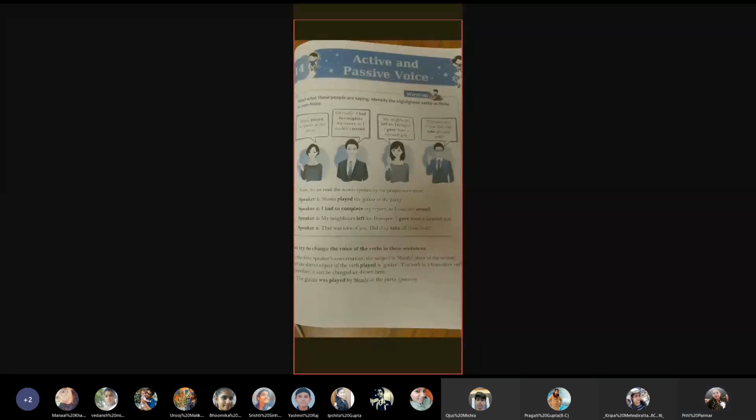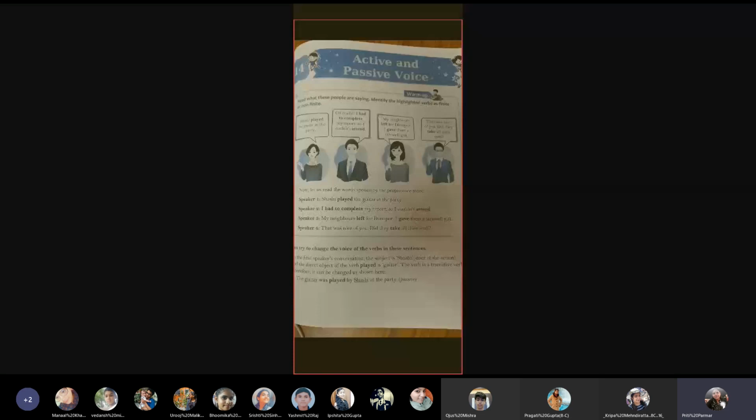Played in the first sentence in active form is in past tense, so it remains in the same tense when it is in passive. Then in the second sentence also, had to complete, complete karna tha, that means it is past, and you have to change it into the past only. So had to be completed.